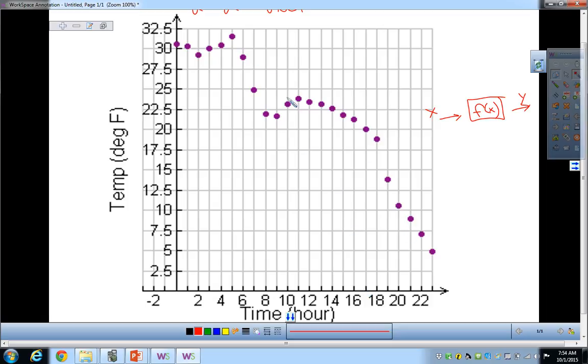Whatever this is a function of, maybe it's putting a popsicle into the freezer, or maybe it's your body temperature as you jump into a lake. No, that would be really cold, huh? Because 30 degrees, maybe freezing. I'm not sure what it is, but this is a graph of a function. We'll talk about what makes a function in a minute.